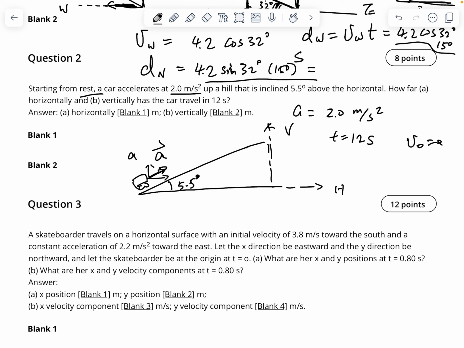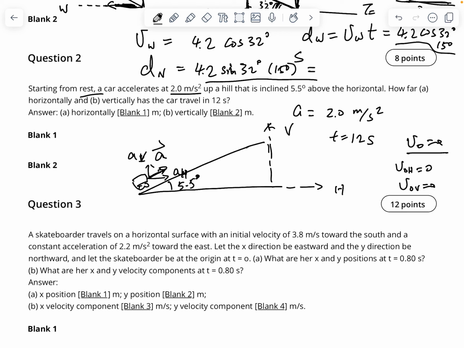We call it parallel and perpendicular. So we break this motion down into two dimensions, horizontal and vertical. Because it starts from rest, the horizontal initial velocity is 0 and the vertical initial velocity is 0.